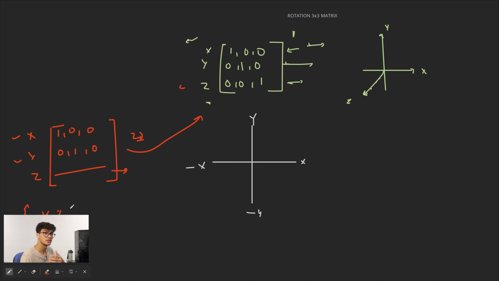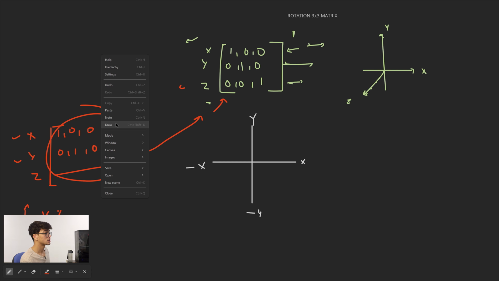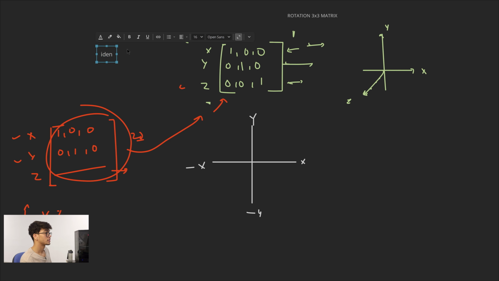This is the default form when we create any object, and I talked about this in the last video. So we have the local matrix of the object perfectly aligned with the world matrix. We call this the identity matrix.